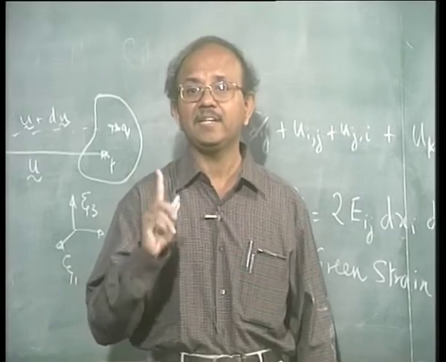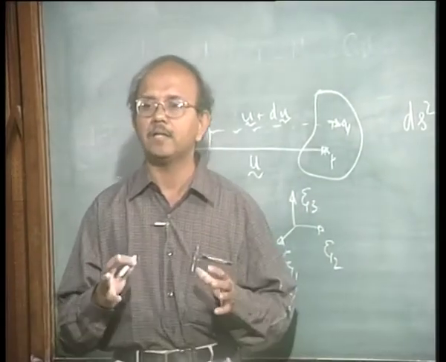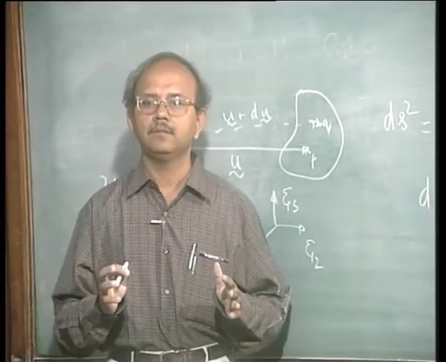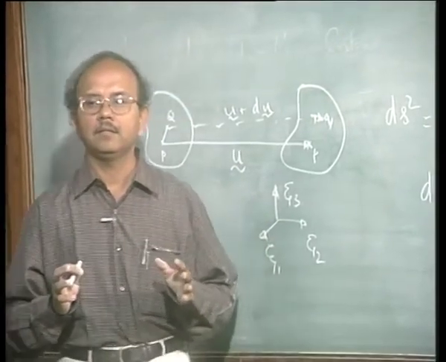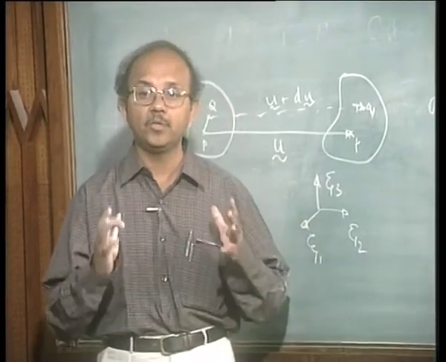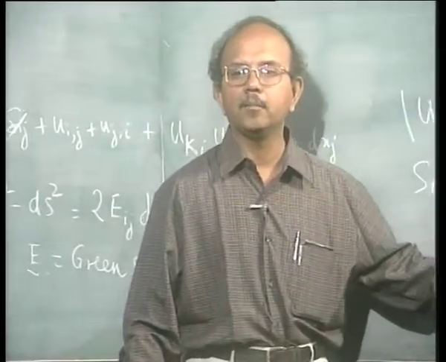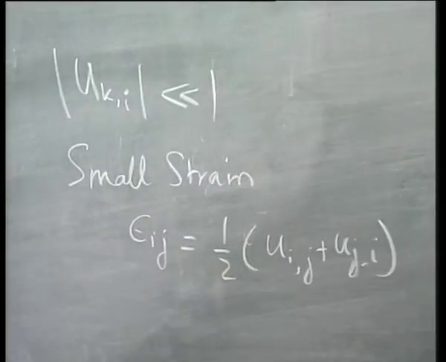It is the gradient of u that is small. u can still be large, but the gradient of u can be small, and hence in which case I can use epsilon ij equal to half ui comma j plus uj comma i. Is that clear?